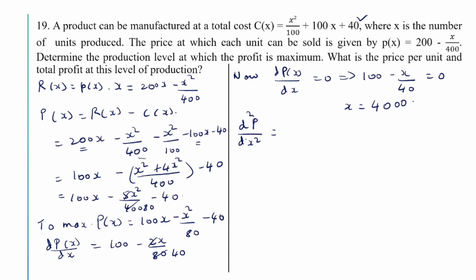So d square p by dx square from here it is minus 1 by 40. So this is less than 0 at x is equal to 4000. Therefore, we can see that x is equal to 4000 is a point of local maxima.